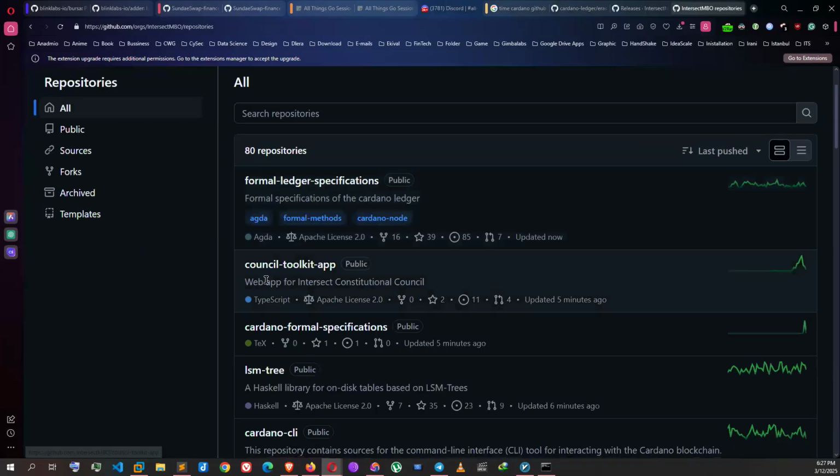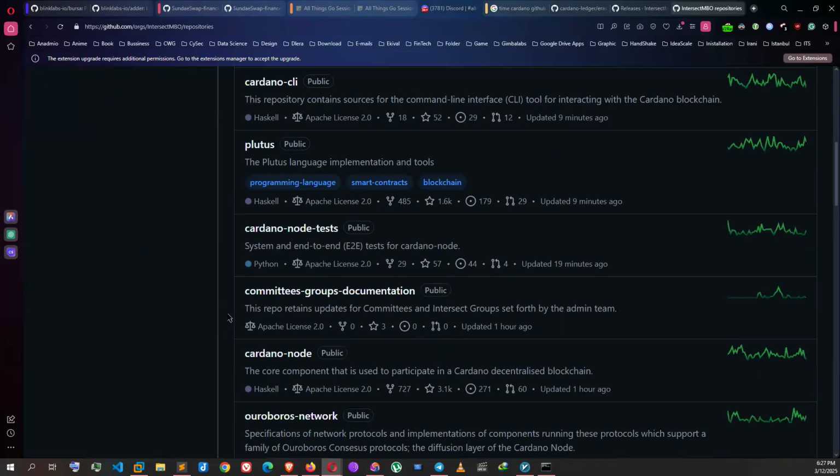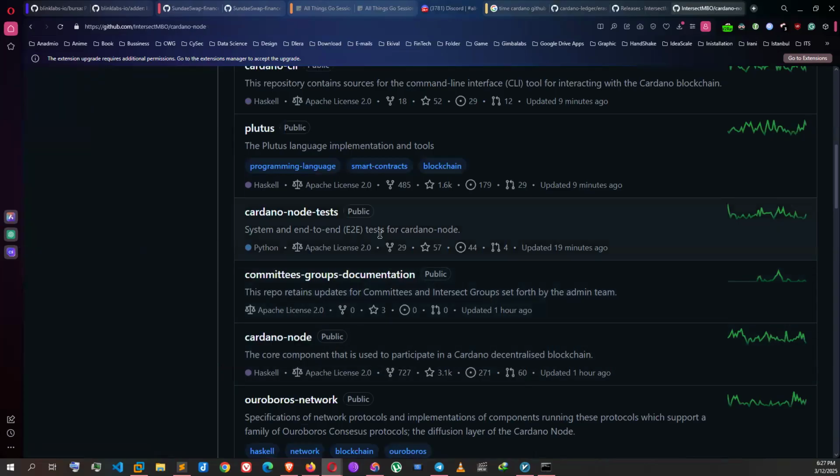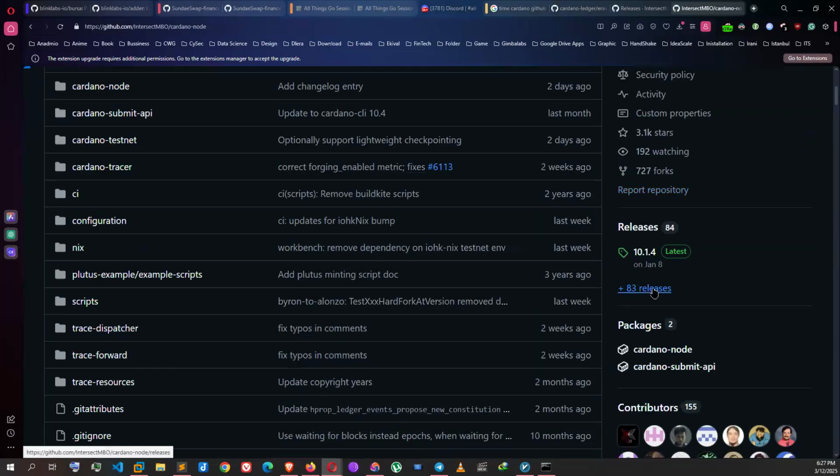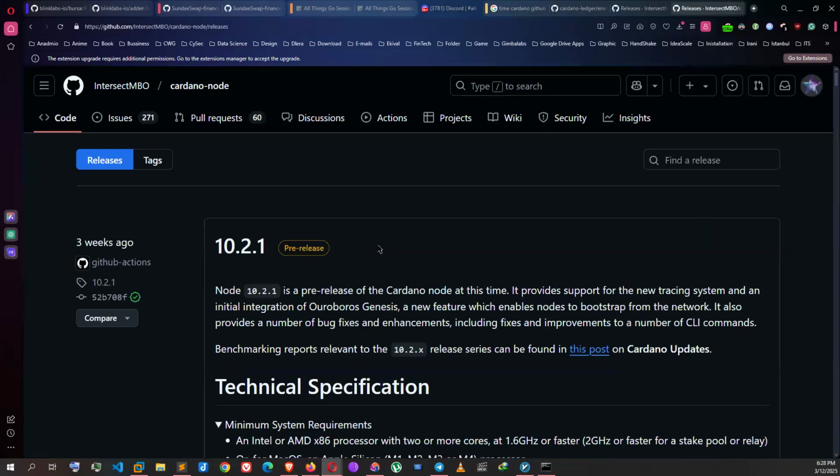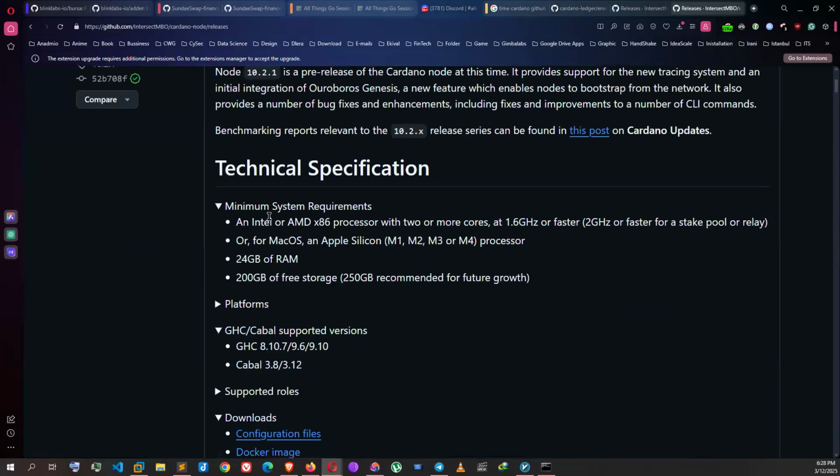Here we can see in the release, for example, a minimum system requirement like 24 gigabytes of RAM, and let's say for some reason we wanted to give more computation power to the nodes for transaction validation. That might be considered a soft fork, or a minor release.